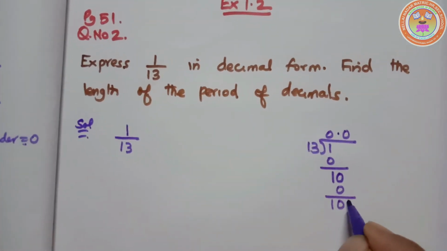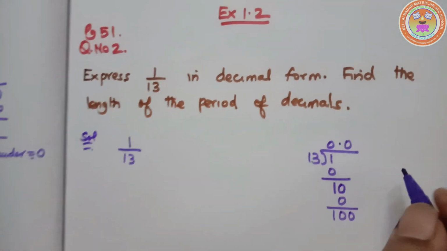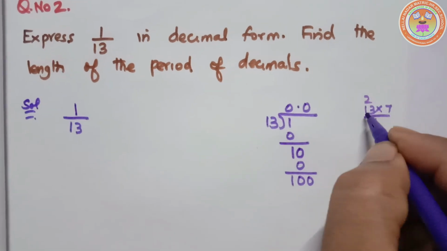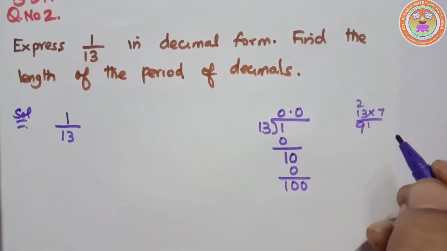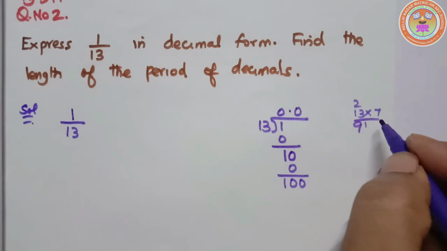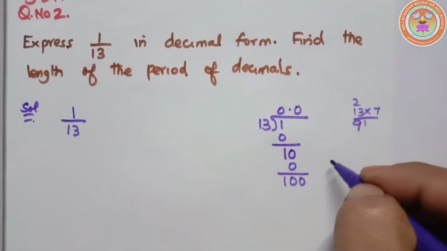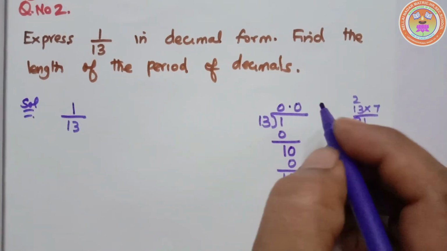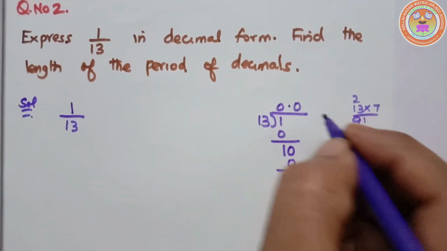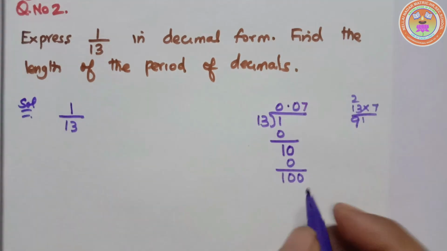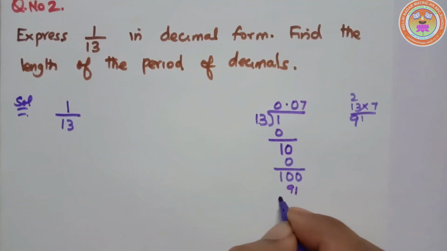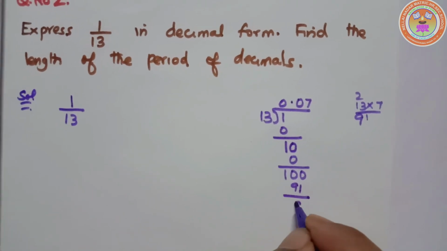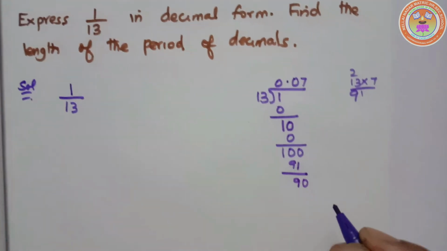So 10, 0. 13 how many times? 13 sevens are 91. Balance you get 100 minus 91, 9, 0.